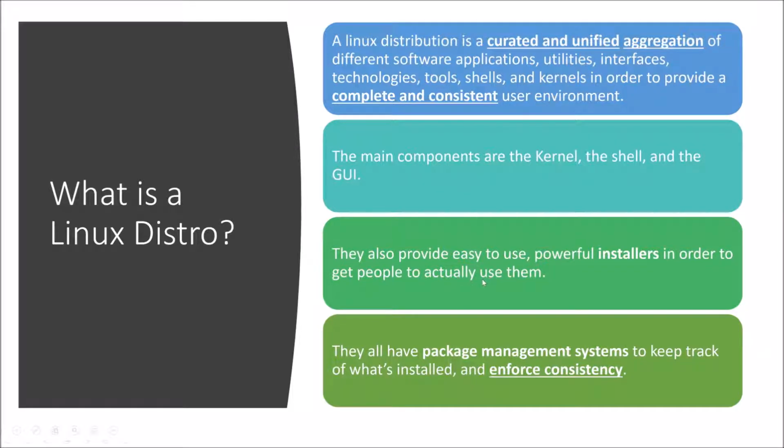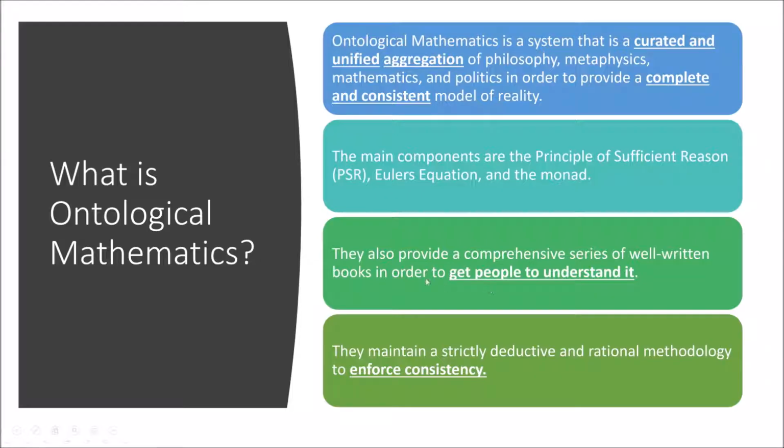So you need powerful installers, and in the case of ontological math, they provide a comprehensive series of well-written books to get people to understand it. As someone who's never really read philosophy, these books really got me interested, and they're really well written and not dry or anything.